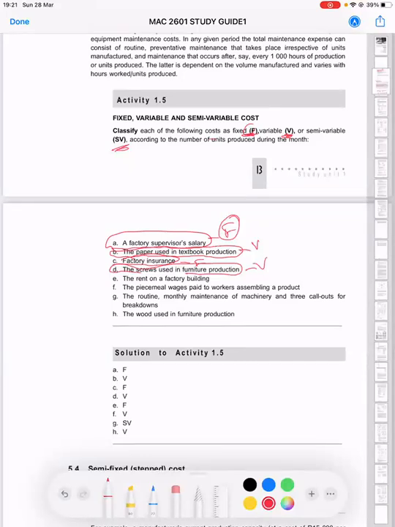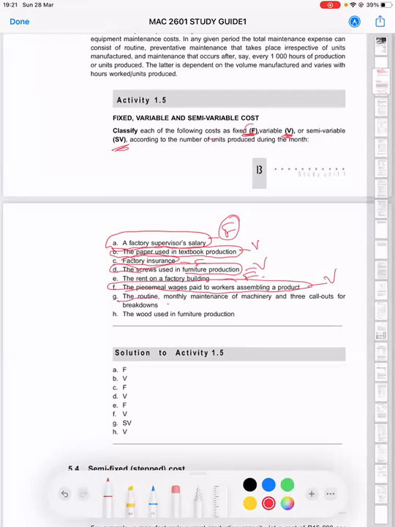Now, rent of a factory building, rent is going to be a fixed cost. You normally pay it per month. It's going to be a fixed amount per month, right? The piecemeal wages paid to workers assembling a product, wages of people who are involved in the manufacturing process, those are variable costs. We are talking about the direct costs, direct labor cost.